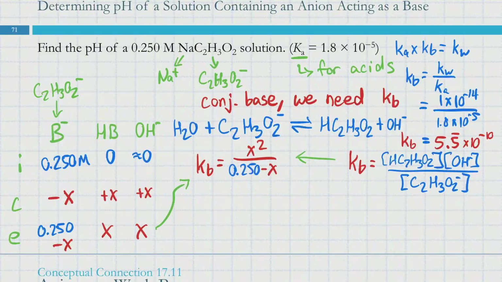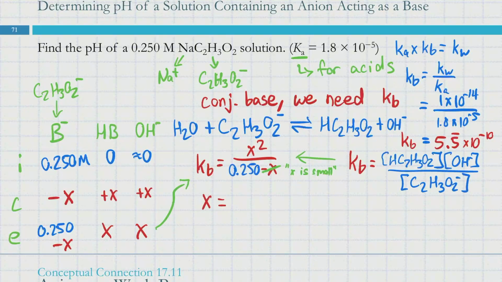Very cool. We can try our x is small approximation. And so we get x squared is equal to Kb times 0.250.